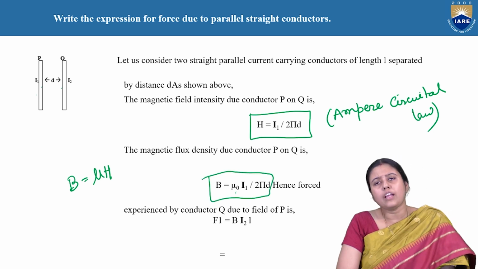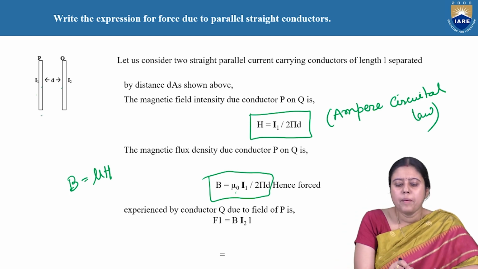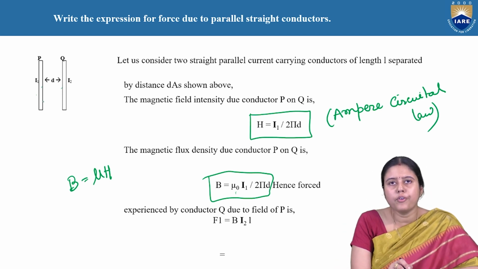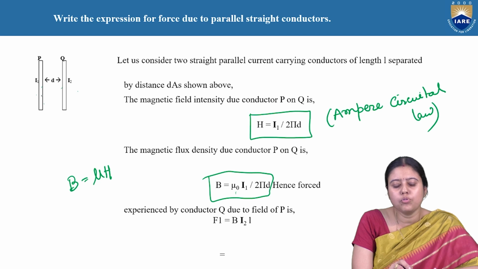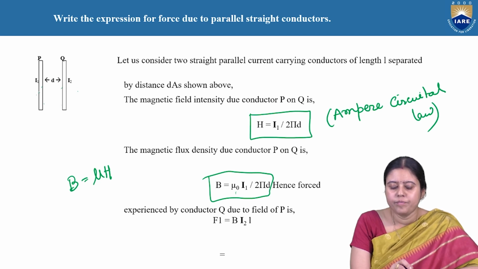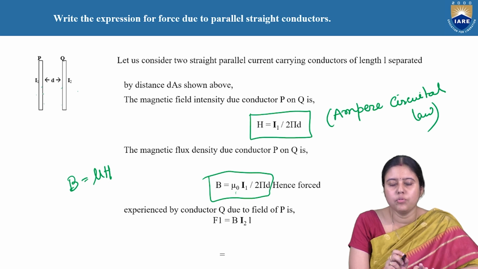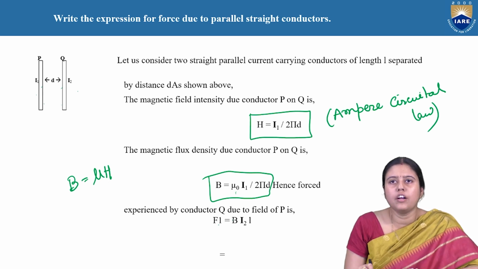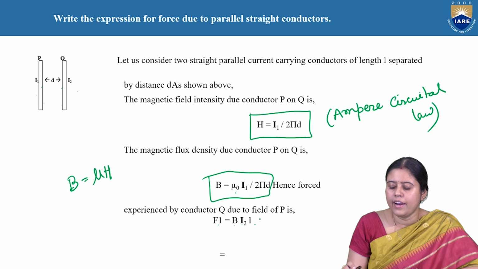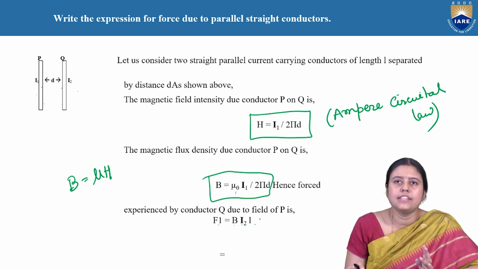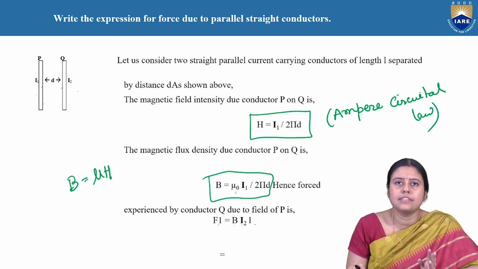Now we are coming to the main equation. The force on I2 due to the current I1 is B I2 L, because we know F is equal to B I L, and we are taking theta equal to 90 degrees, the maximum force.